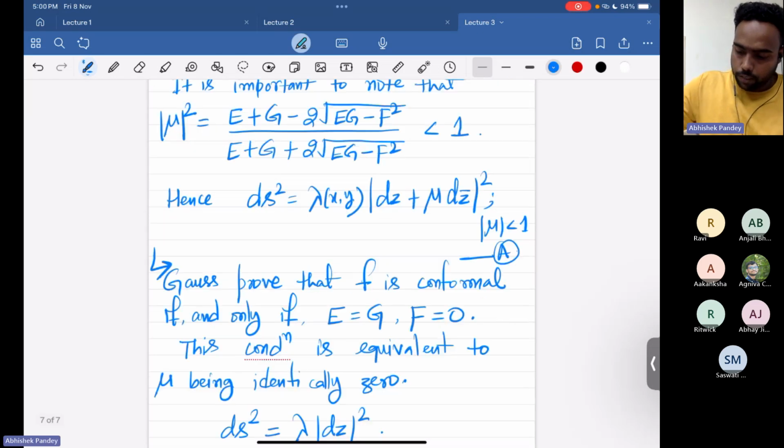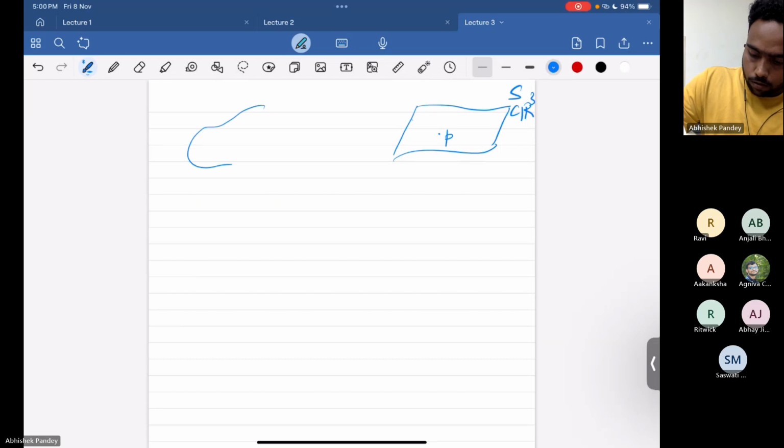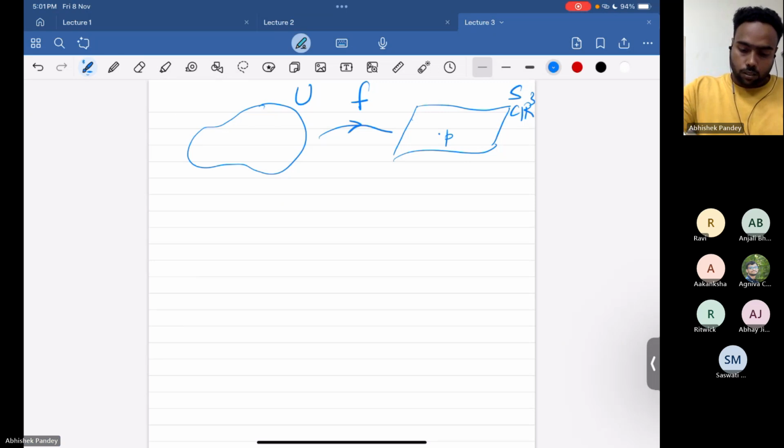So what we are basically doing, we have this surface S, which is a subset of R3. Here we have U, and this is our f. So this is xy.